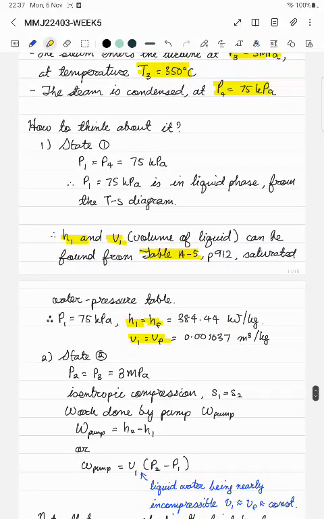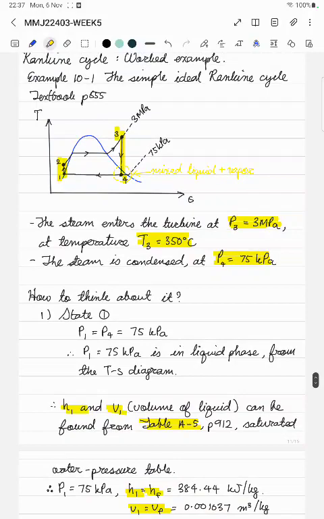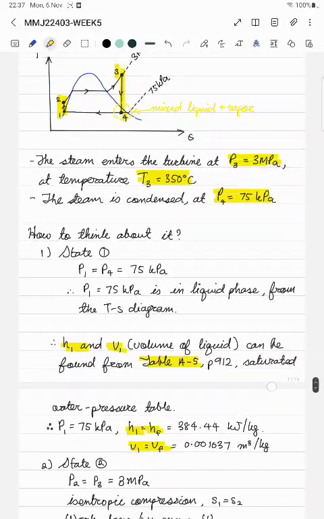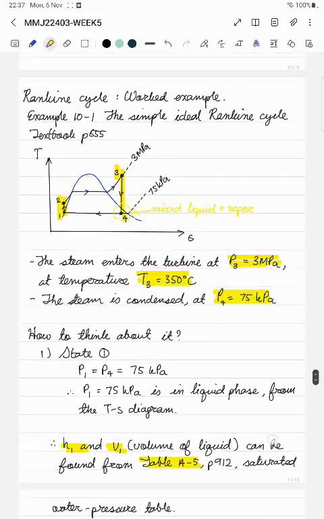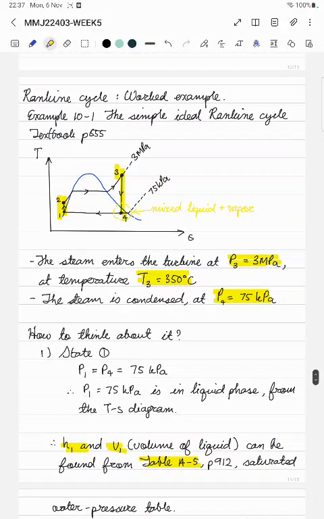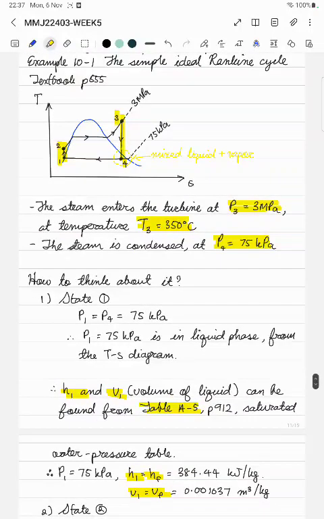Next, at state 2, this is basically where we compress the liquid before entering the boiler. Remember from our first recap, the whole process for the Rankine cycle involves a constant pressure heat addition and a constant pressure heat removal.